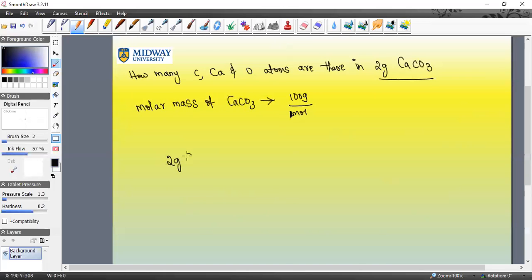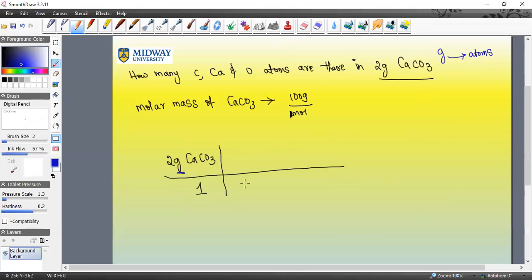Now that 2 grams is for the entire calcium carbonate, and then we're going to draw our tic-tac-toe box here and then write 1 at the bottom. What are we going to? We're going to atoms and we are starting with grams. So we are going from grams to atoms. That has not changed. But we are dealing with a molecule here.